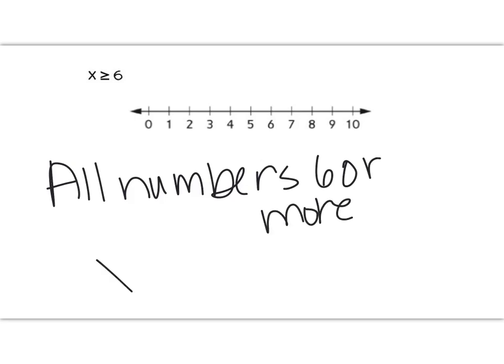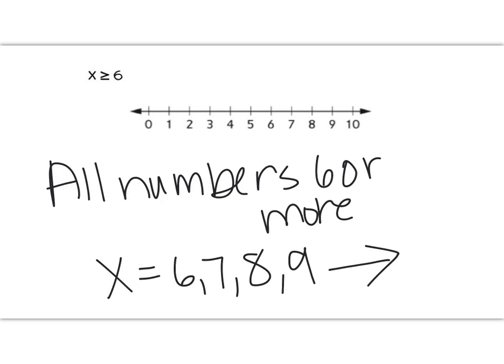So x could equal 6 or 7 or 8 or 9, anything else to the right. So how would we graph that? We would graph 6 just like always. It starts at 6, but then we would draw an arrow to the right. So that means that 6 plus every single number bigger than 6 is a solution to this inequality.